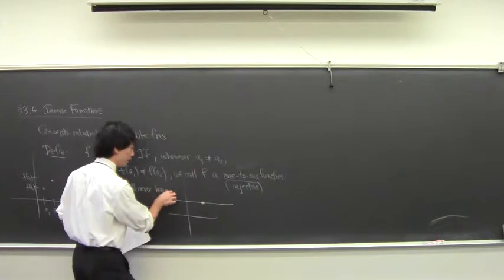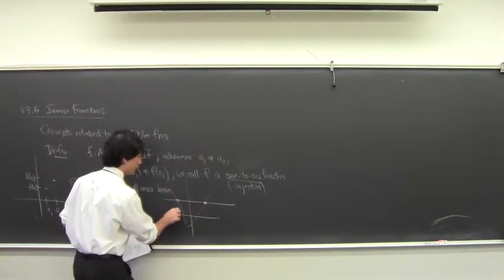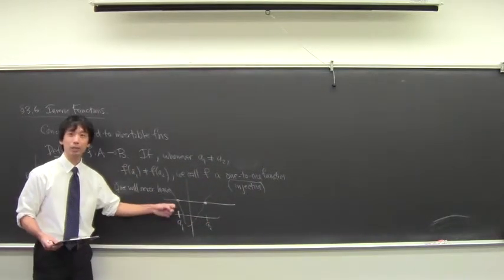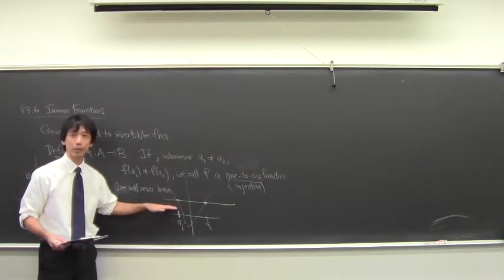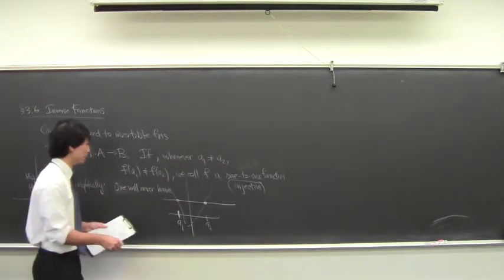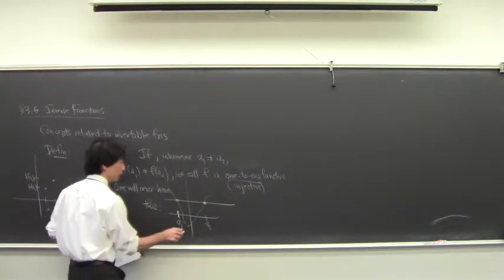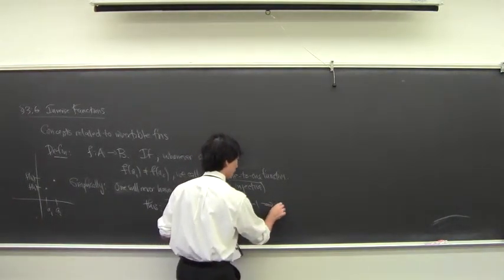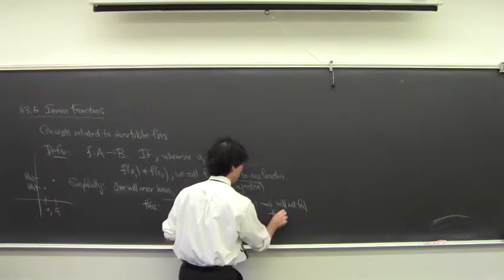Because if that happened, that would say that your function has two values that have the same output. So if you're one-to-one, this is never going to happen. Being one-to-one, we'll never have this. So one-to-one means that it will not fail the horizontal line test.